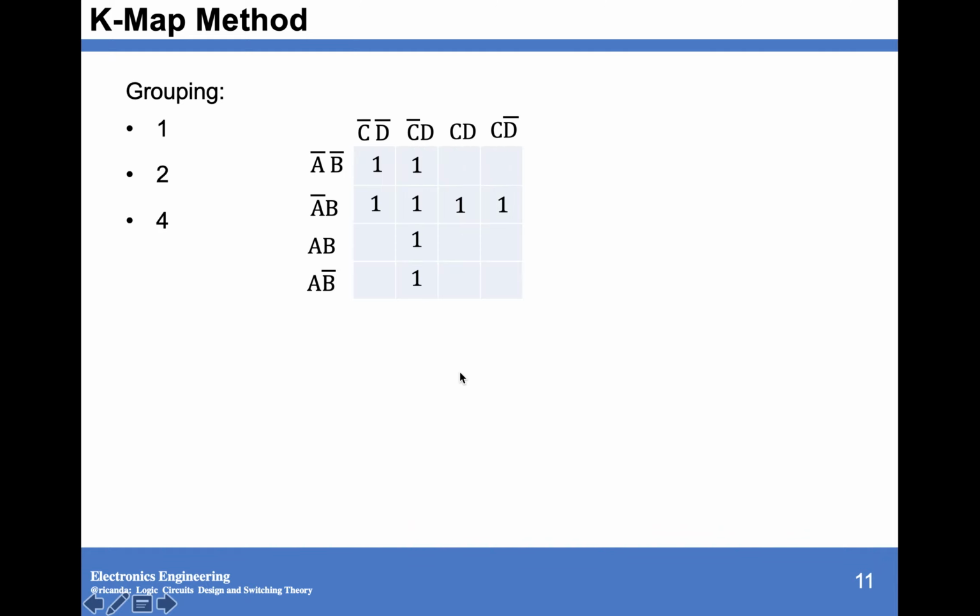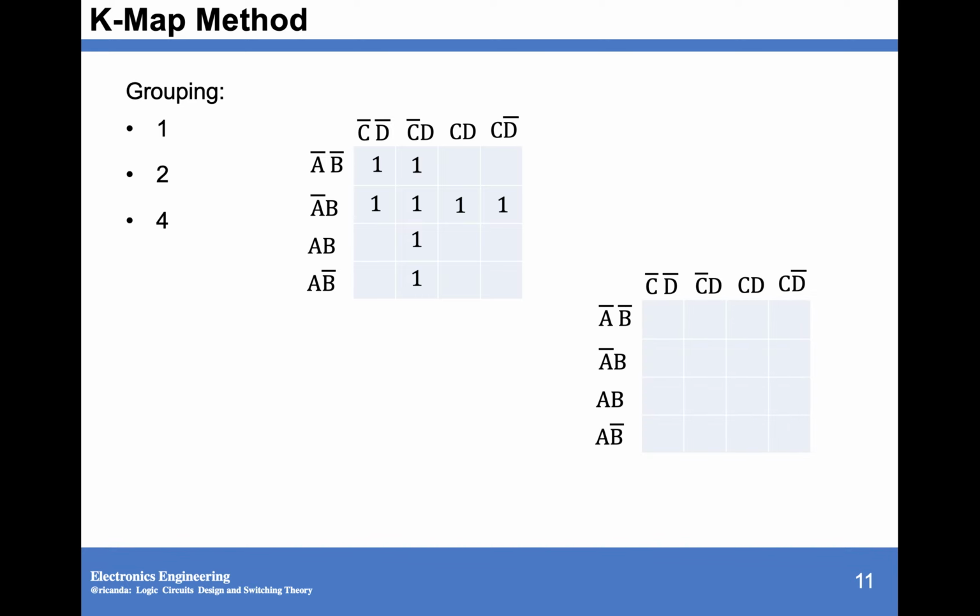This is an example of 4 variables. But if you use what we did in our previous slide, it is too complicated. So there is a short way to solve for the equation of your group.